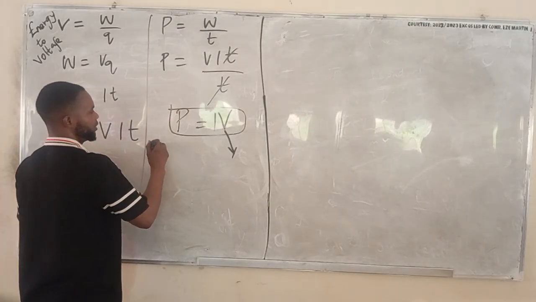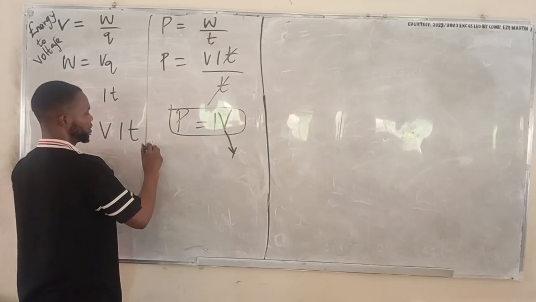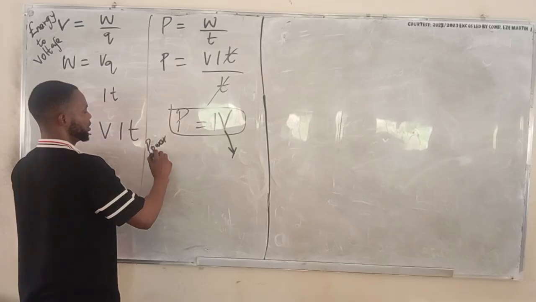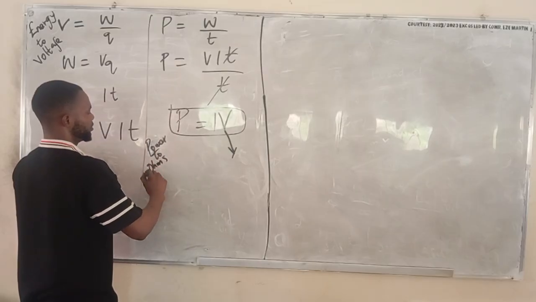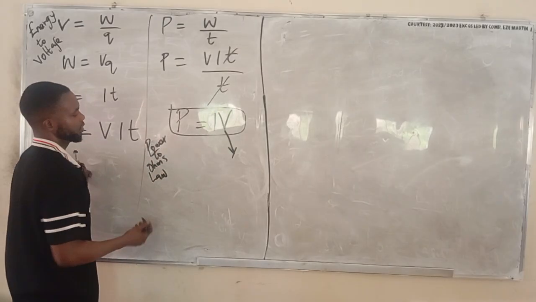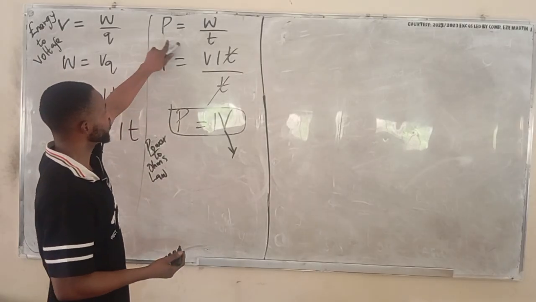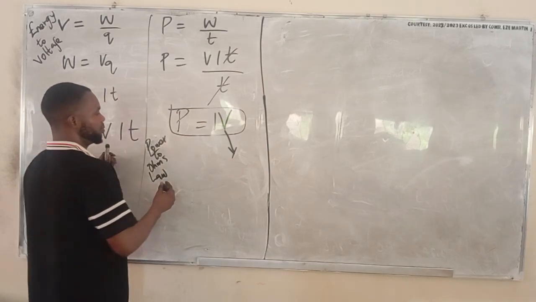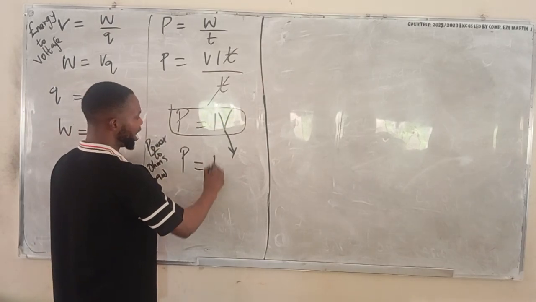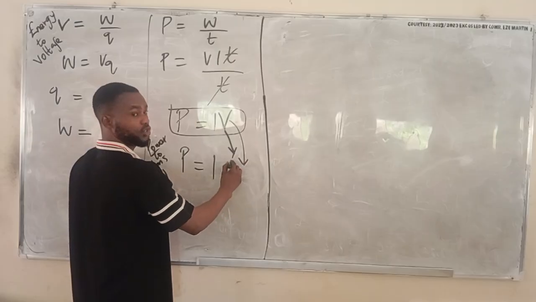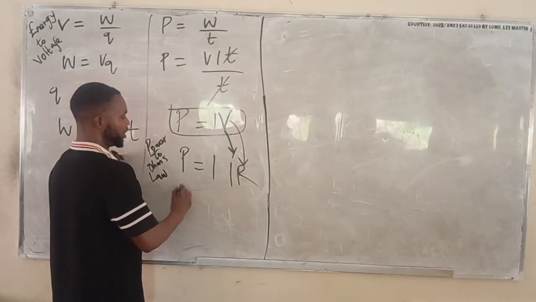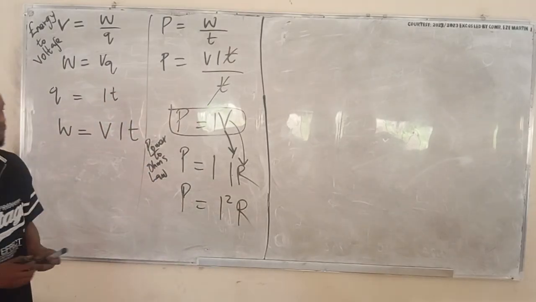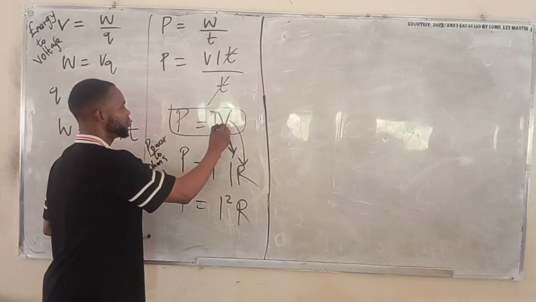Then now I'm comparing power to Ohm's law this time around. Naturally, I can't talk about power without talking about work, so there's no need saying I'm comparing. So this is now going to be P equals I. Now V, according to Ohm's law, is what? IR. So P is going to equal I times I, I R, so P equals I squared R.